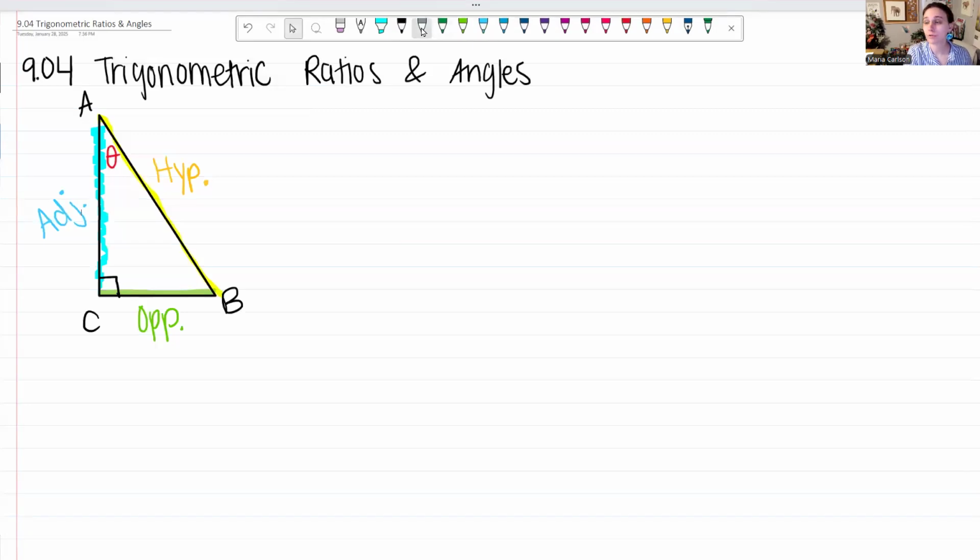And we have the three trig ratios we've discussed before. We use that acronym SOHCAHTOA to help us remember them.